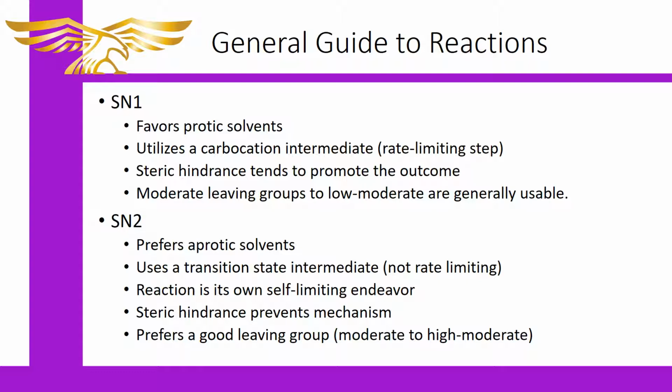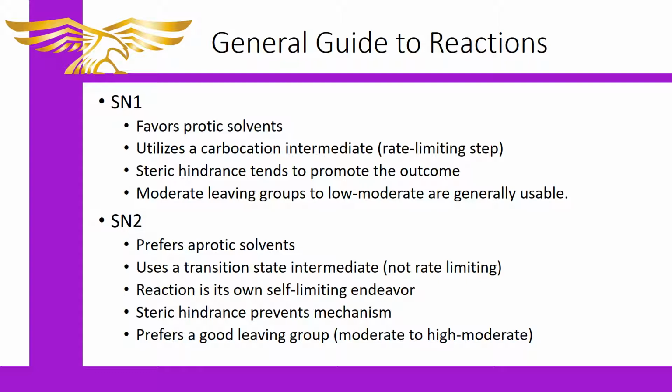SN2 reactions prefer an aprotic solvent, which means that there is not a lot of dipole interaction between the solvent and carbocation, or rather facilitation of orienting different charges towards the structure. It uses a transition state, which is technically not a fully existent object, but rather a state of existence between two changing states.